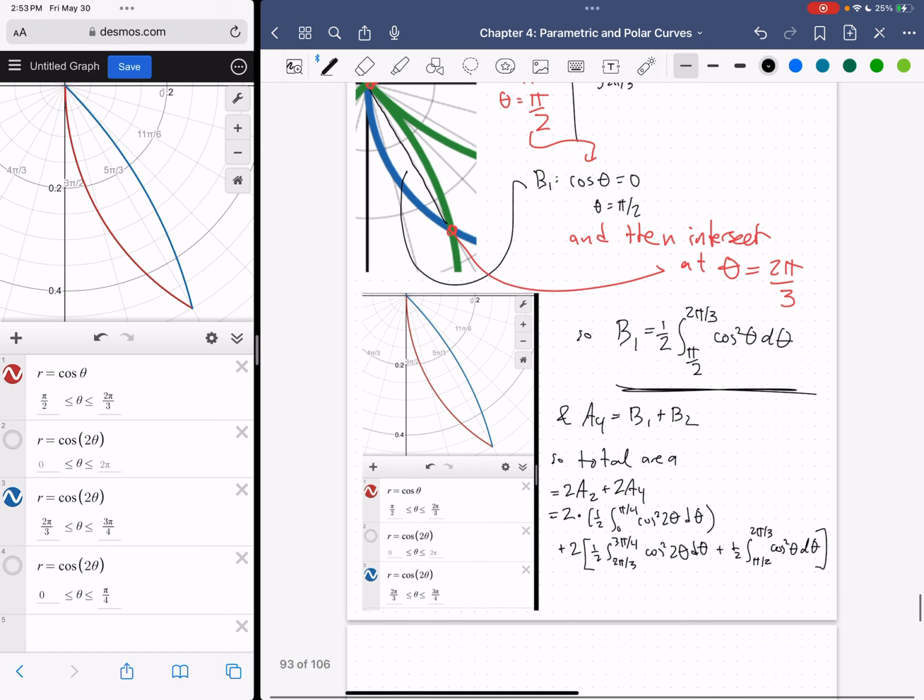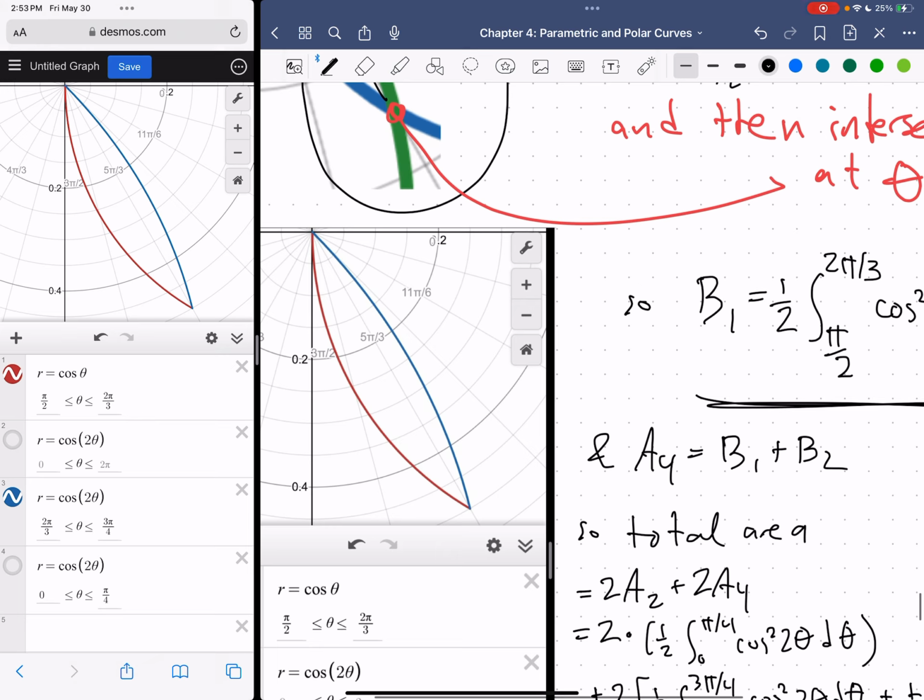I'm going to see if I can find another way to do it, but for now I'll just upload it like this. And I'll go over this on Monday a little bit too, maybe before we start chapter 5. The main thing I really want to emphasize is that this part here is cos theta, for theta from pi over 2 to 2 pi over 3.